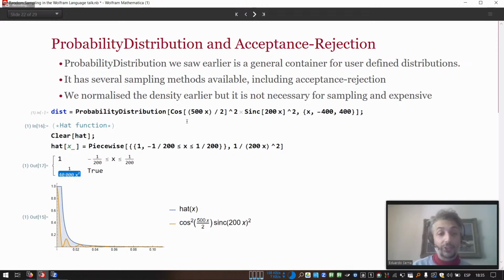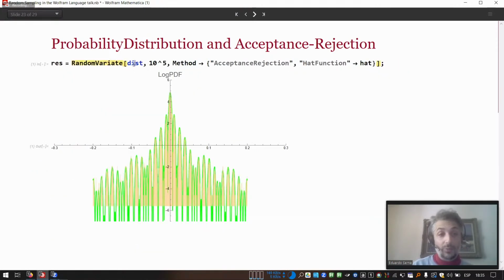So from this hat function, we can plug this distribution into random variates, select the method acceptance-rejection, with the sub-option hat function. You could also provide a sampler for the hat function, which makes it even faster. Not needed in this case. I'll use other methods like MCMC, which I'll talk about in a different talk.